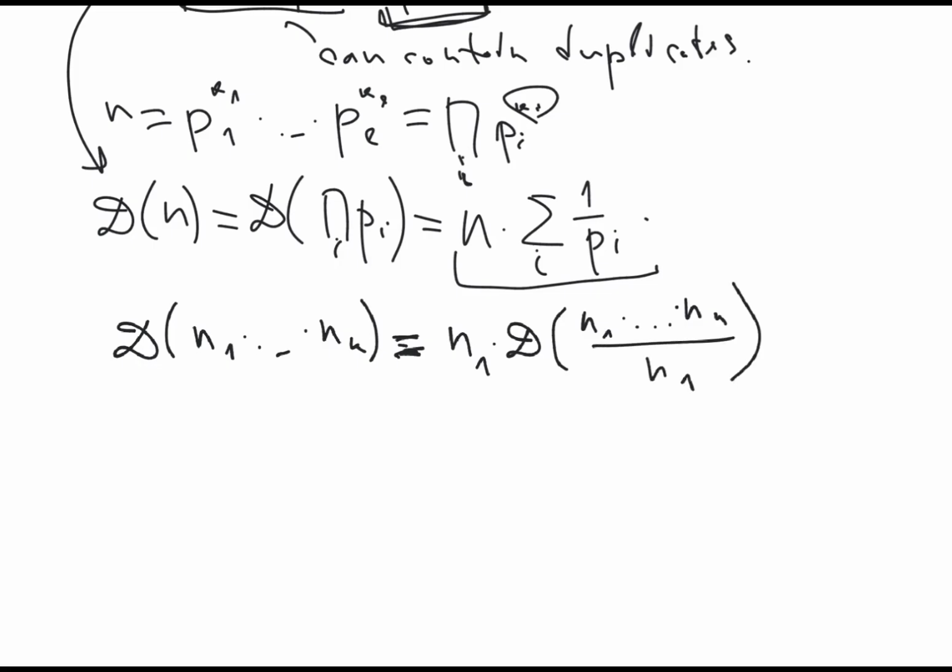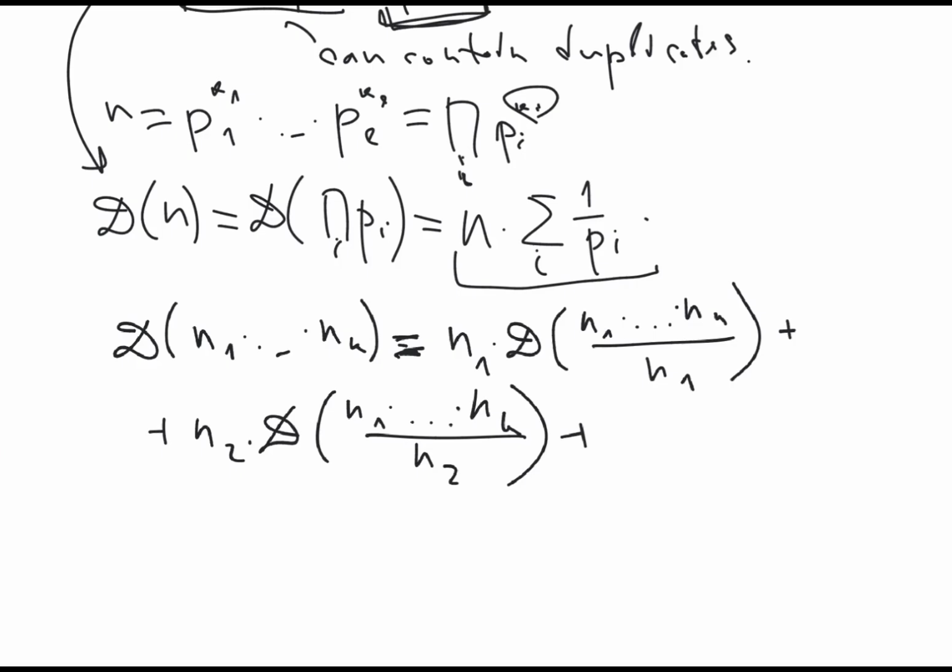Because we excluded n1 from this product. And then the second would be n2 multiplied by the derivative of this product over n2. We excluded the n2 from this product, and so on.